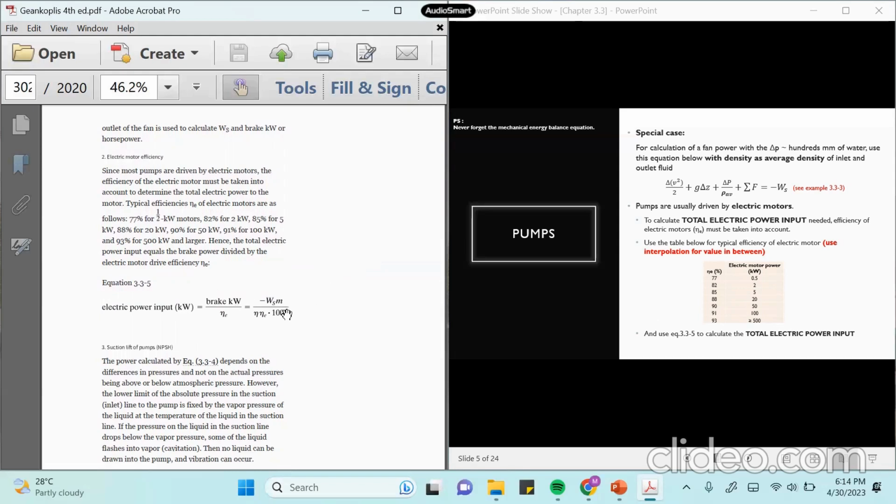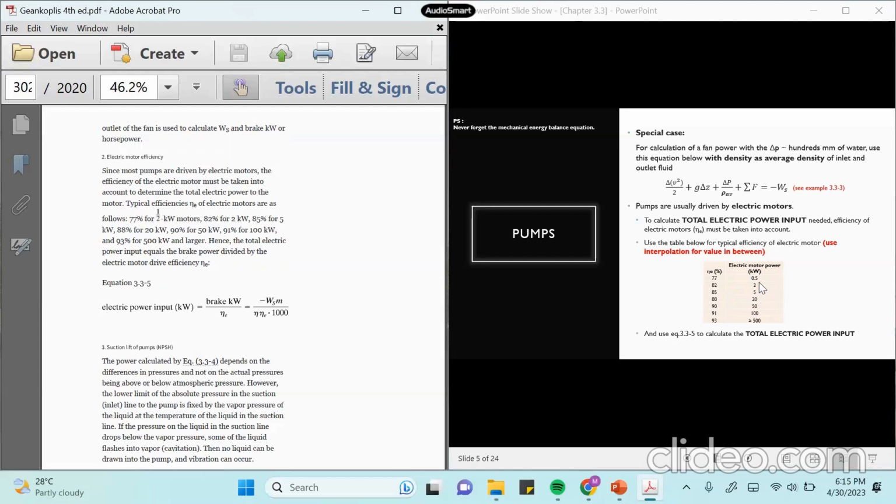Then we must put this term in the equation as well. How do we know the value of this term? You can use this table for the typical efficiency of electric motors.